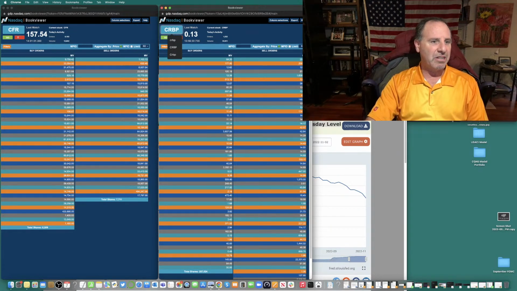That's less than 10 shares on the sell. On the buy, less than 10,000. It's less than 100 shares. So top of the book is really light. 100 shares, maybe 110. This is a really light book. And so there's no liquidity.